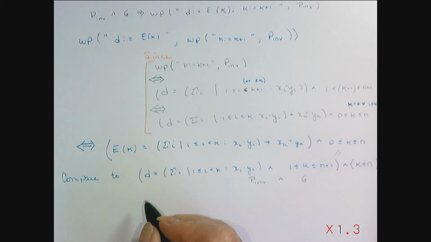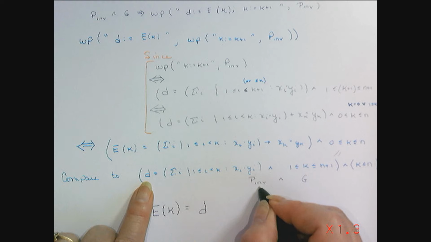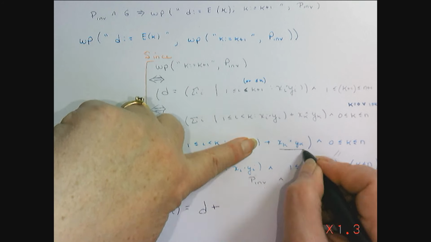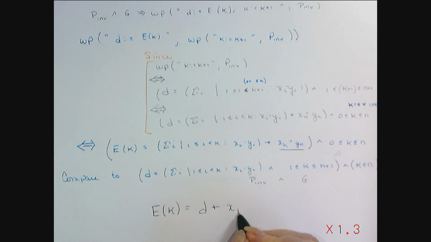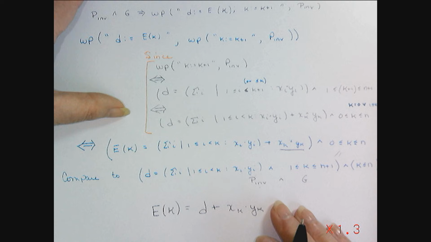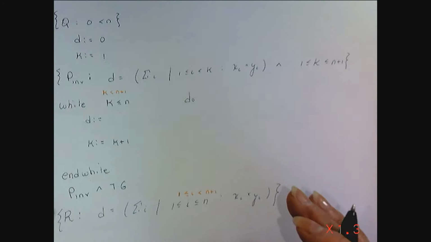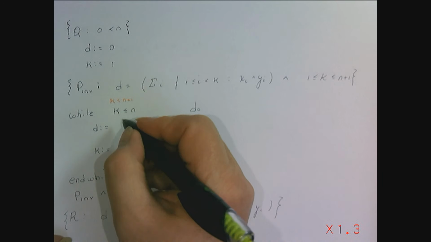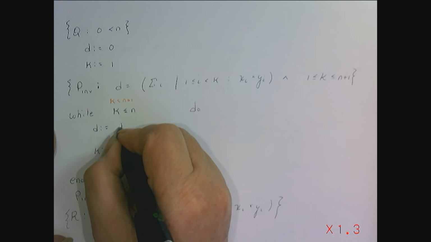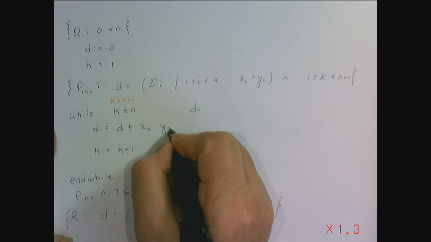So it seems to me what I want to do is pick the expression to be the d in the invariant plus the extra term, x sub k times y sub k. That's my update. And so I end up with d becoming d plus x sub k times y sub k.